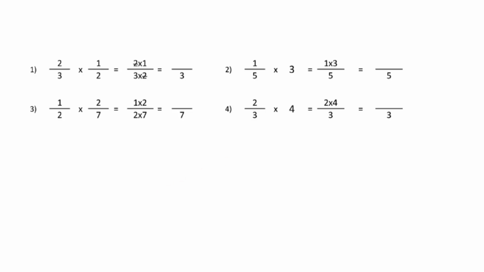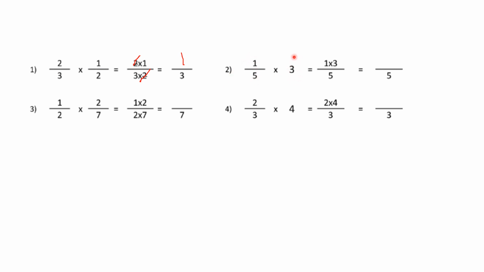Now let's take more examples. Here I have 2 over 3 times 1 over 2. Multiply, 2 over 6. Then you can simplify. So if you simplify here 2 by 2, your answer will be 1 over 3. 2. 1 over 5 times 3.